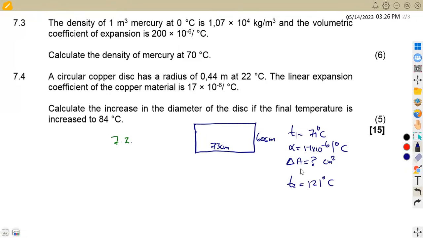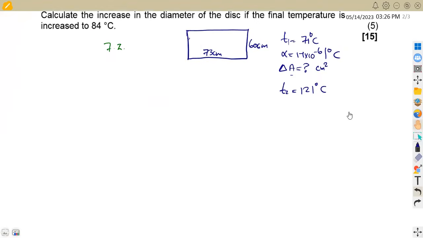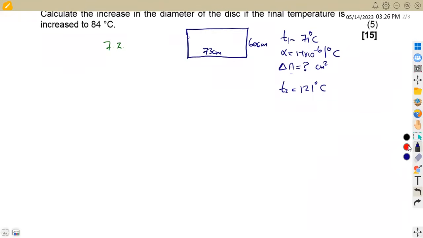So how can we calculate the change, which is the increase in area in this case? From the formula that you're given, the change in area can be obtained from the product of 2 times the linear coefficient of expansion times the original area times the change in temperature, which simply means T2 minus T1.